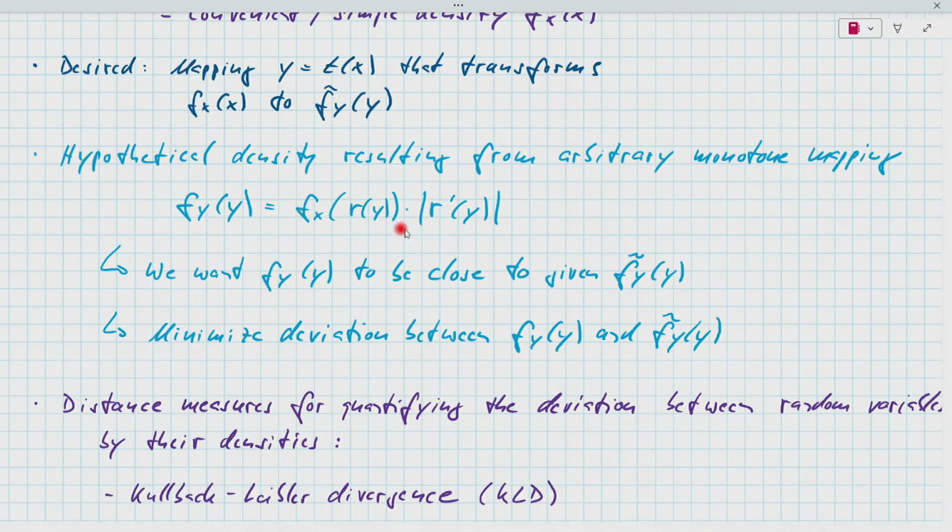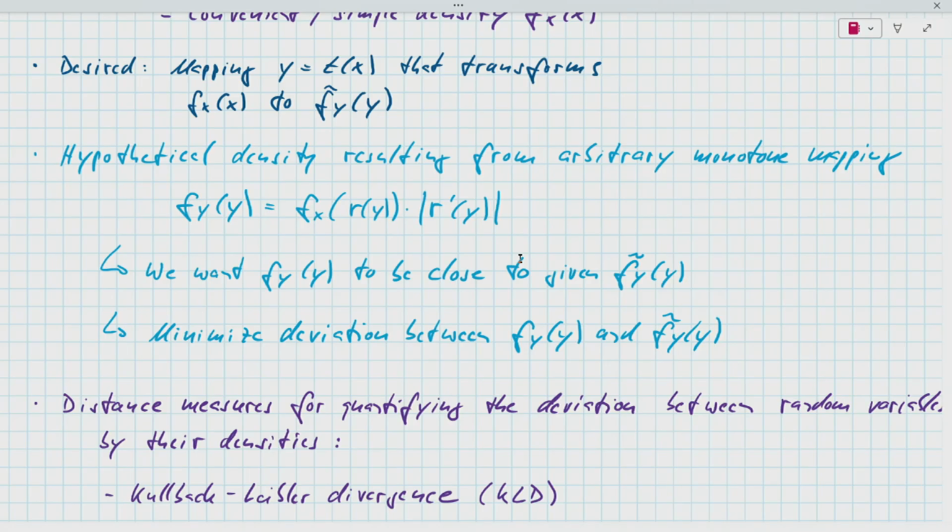And then this fy of y, this density that results from the transformation, should be as close as possible to the given f tilde, fy tilde. And there are many ways to do that. Usually we should use a distance measure between the two densities, and a distance measure that is made for comparing densities, not just some distance measure, but one that is well suited for that.